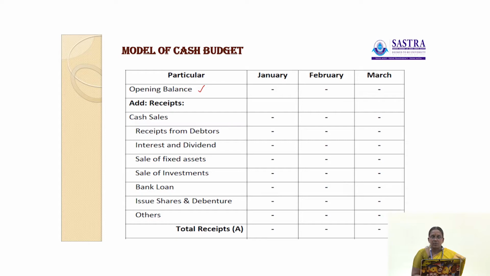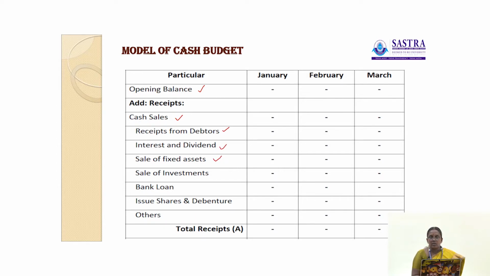So first, the opening balance. The next one is add receipts. Receipts mean cash sales, receipts from debtors, interest and dividend, sale of fixed assets, sale of investments, bank loan, issue of shares and debentures, and others.